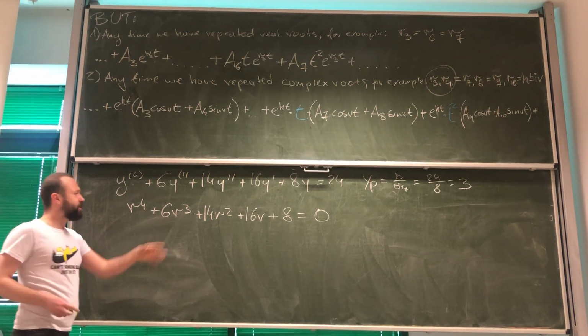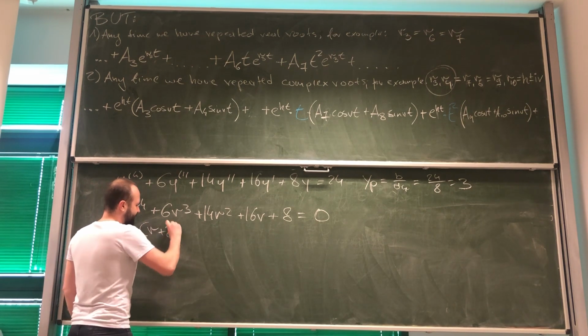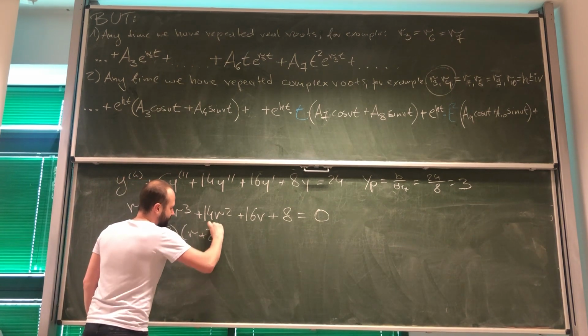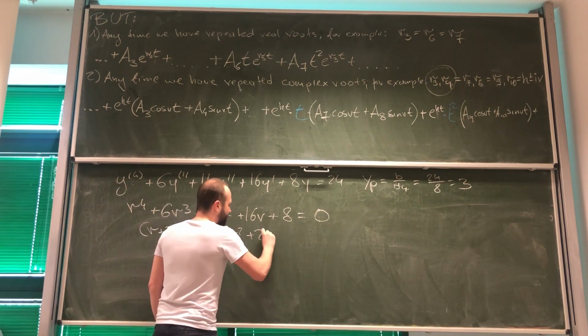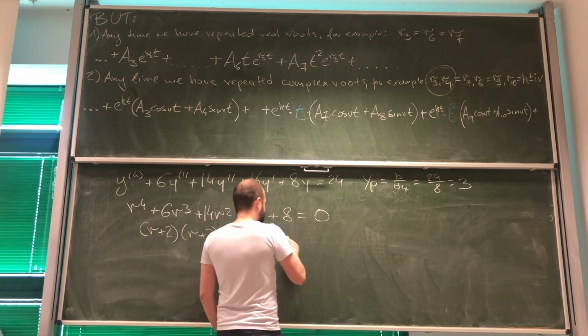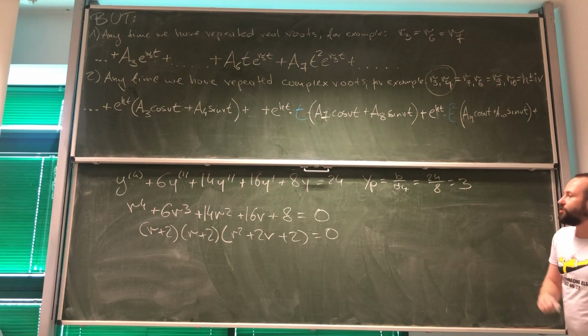But if we solve this, it would turn out that we can rewrite this expression as r plus 2 times r plus 2 times r squared plus 2r plus 2 equals 0. Okay, and look, what do we get?